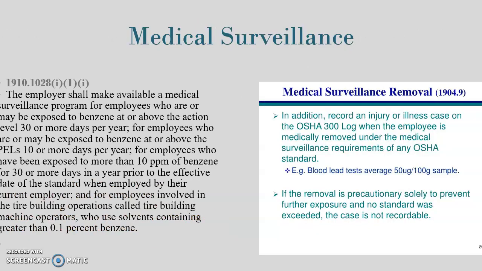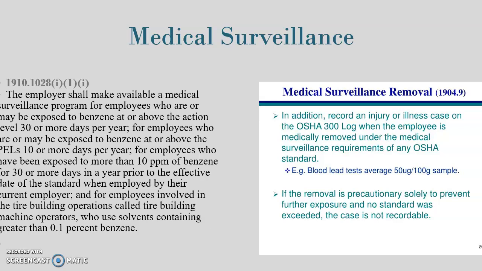Medical surveillance. According to 1910.1028, the employer should make available a medical surveillance program for employees who are or may be exposed to benzene at or above the action level 30 or more days per year. For employees who are or may be exposed to benzene at or above the PELs 10 or more days per year.